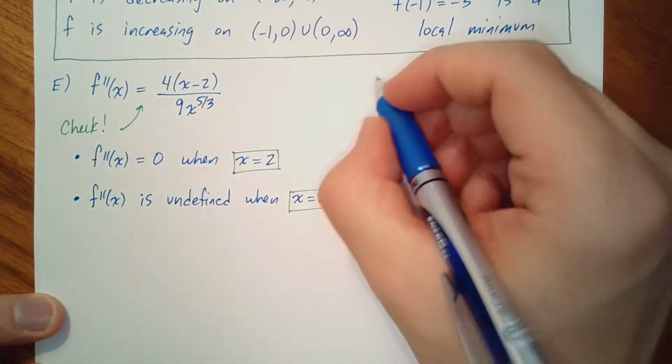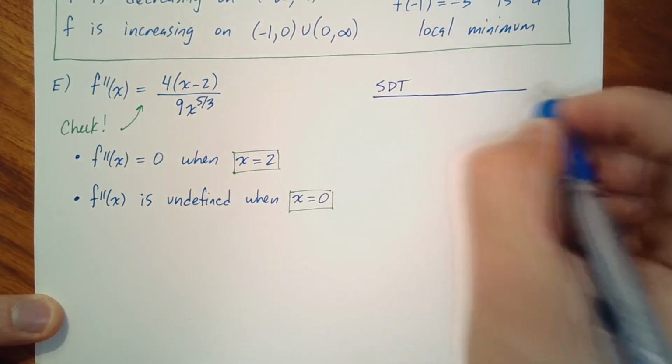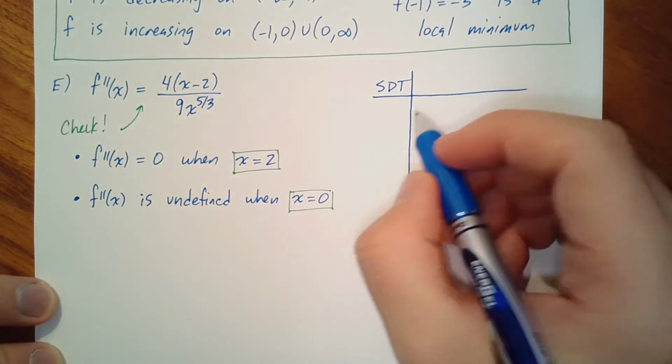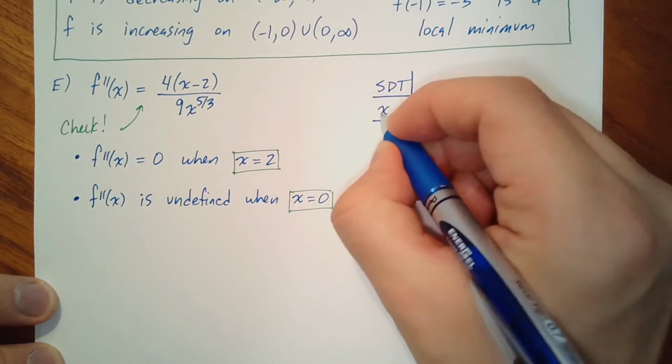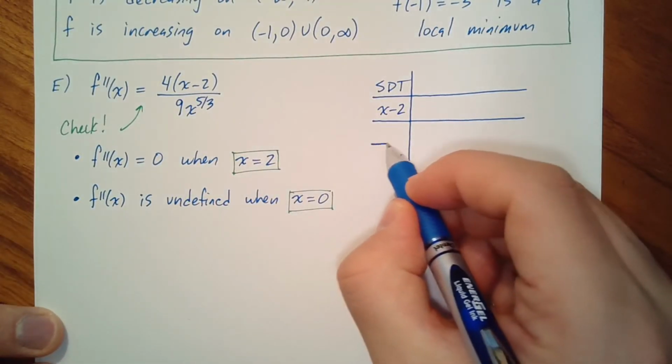So let's draw our second derivative table here. Again, we'll have 4 rows, 1 row for the x minus 2. Notice I'm skipping the 4, really, because multiplication by positive 4 is not going to have any effect on the sign, so I can drop the 4 if I want.